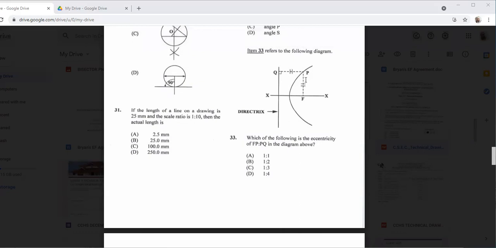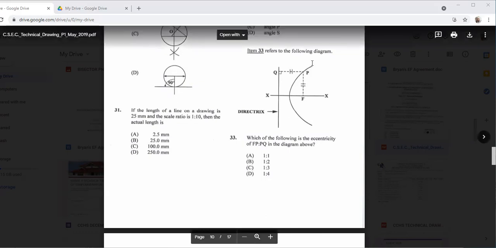So if here and here are equal, which ratio would this be? If the distance from P to F is the same as the distance from P to Q, what does that mean? It is in the ratio of 1 to 1.